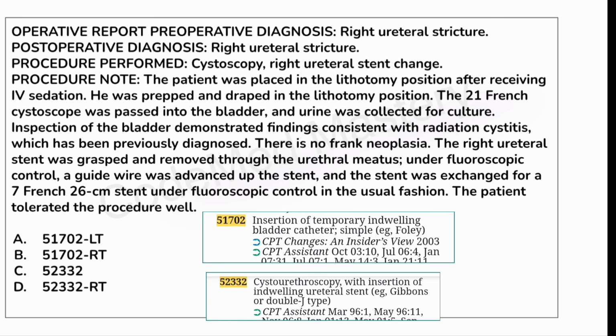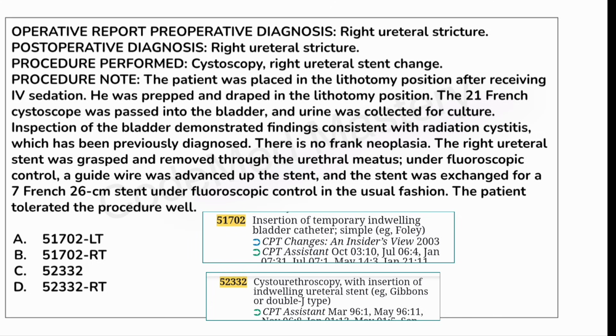Let us check the code 51702. The code 51702 is for insertion of temporary indwelling bladder catheter, simple, for example, Foley. And option C and D, 52332 is for cystourethroscopy with insertion of indwelling ureteral stent, Gibbons or double J type.